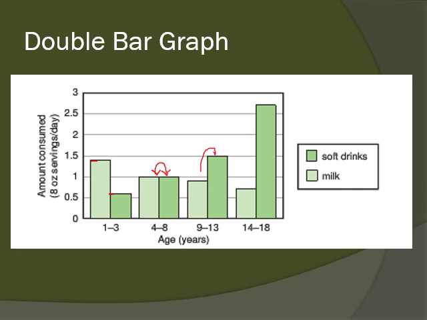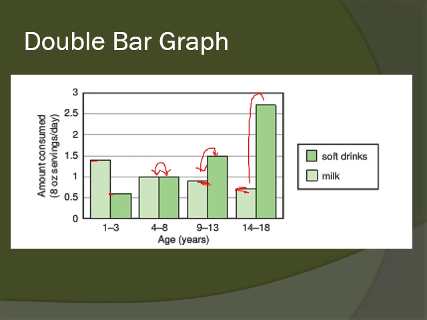In the comparison of 9 to 13-year-olds, soft drinks are winning. And you can see a stark comparison here. It looks like they're drinking about the same amount of milk, a little bit less milk, but their soft drink consumption is greatly increased. So double bar graphs are really nice to see comparisons between the individual categories, not necessarily a trend over all of the years.